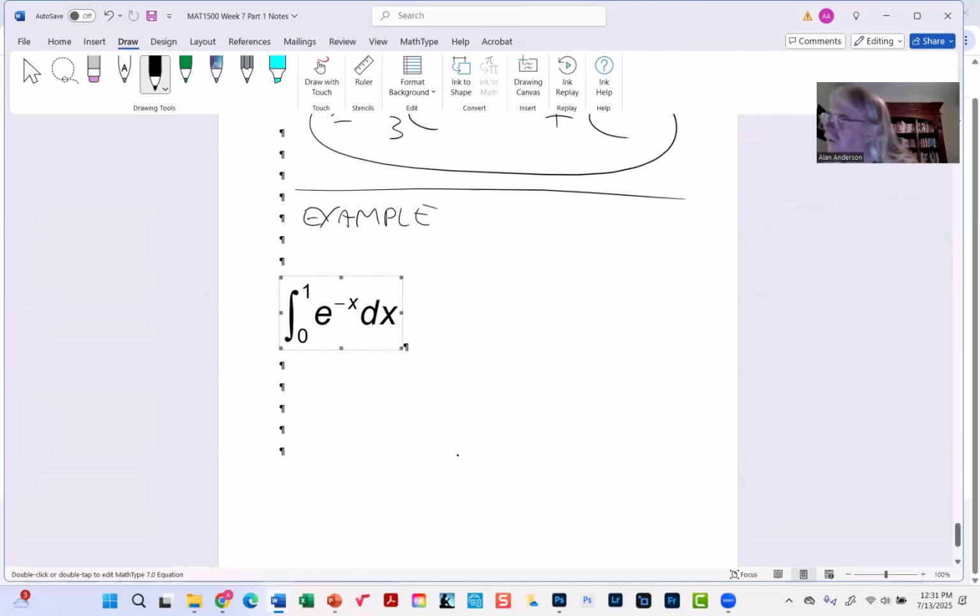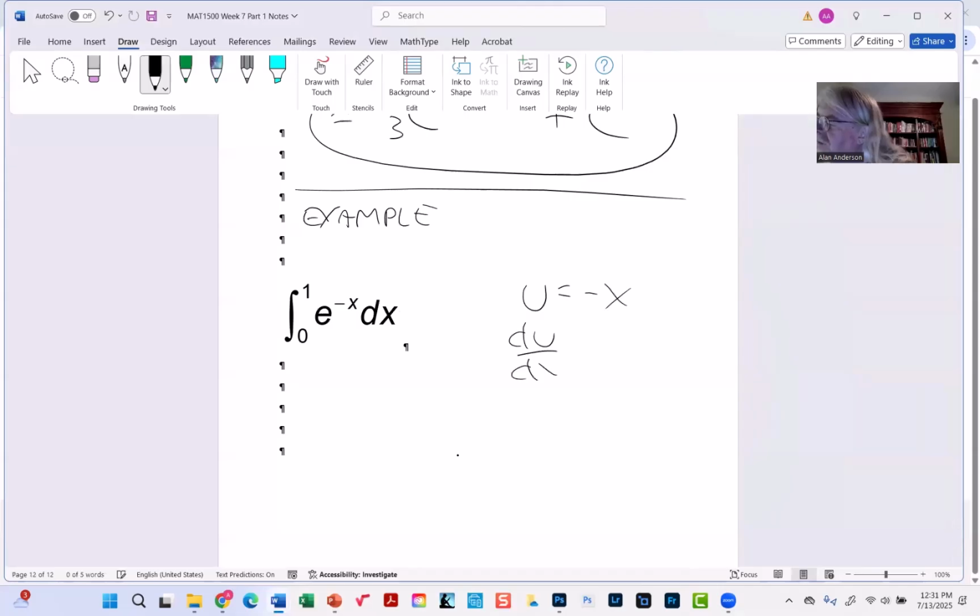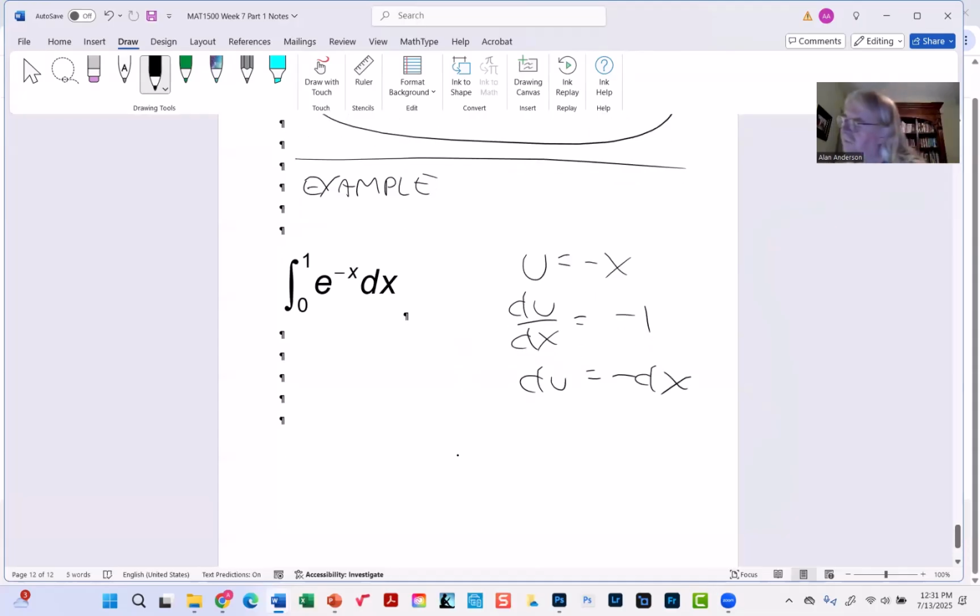So this time, let's try u equals negative x. du dx is negative 1. And therefore, du is negative dx. We don't have that. We'll need to supply that ourselves. Okay.